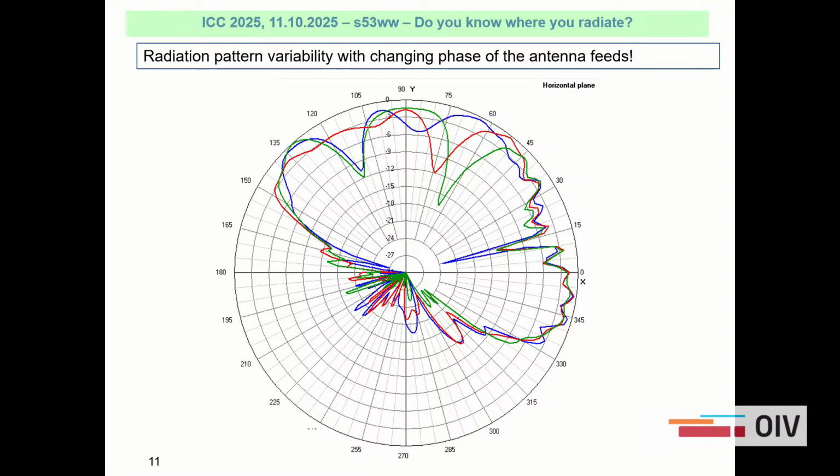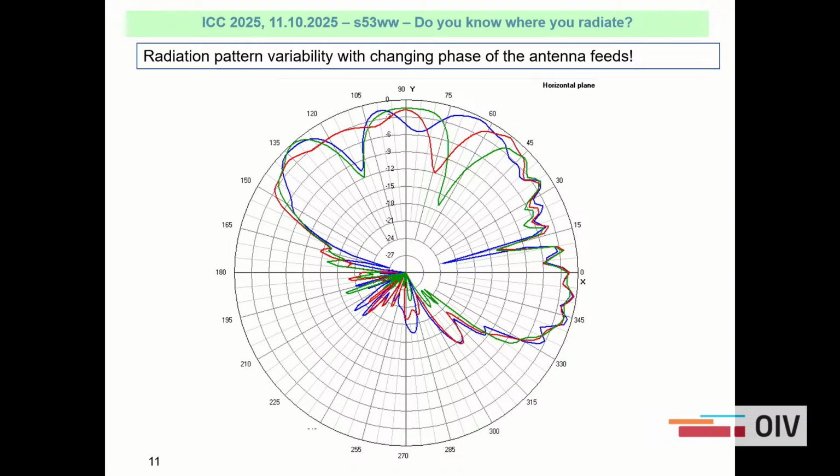Now you would say, okay, this is all theoretical simulation, right? You put exactly the same output power to each antenna. Of course, when it's out of phase, it will cancel. But in practice, I never operate with the same power. It's not like that. But it doesn't matter.